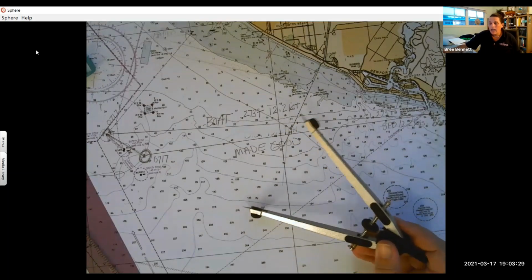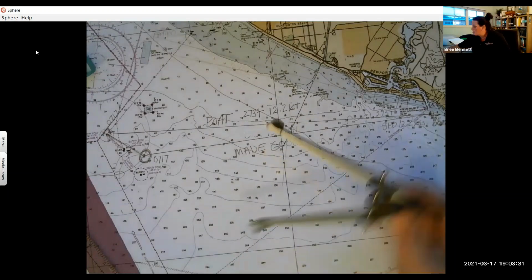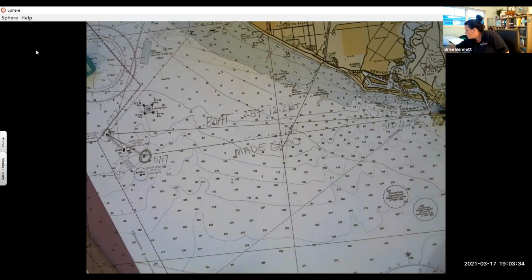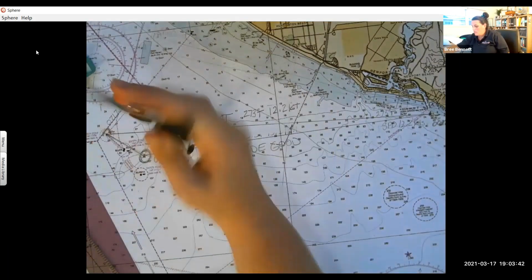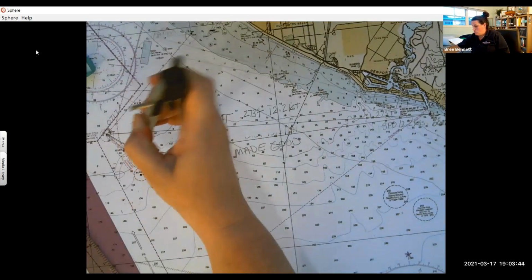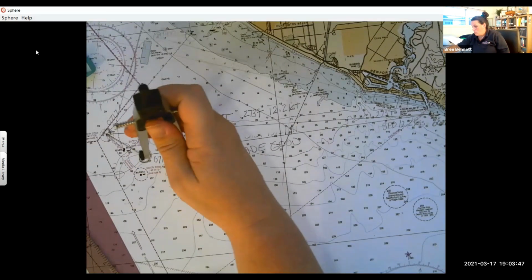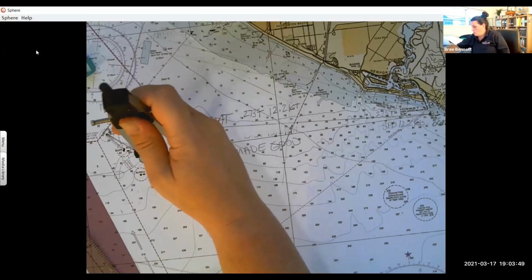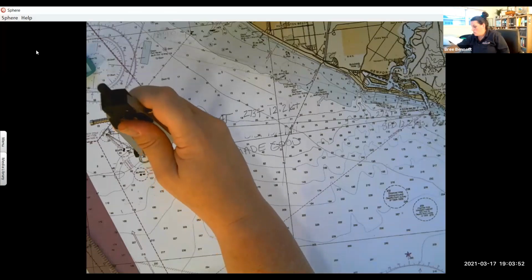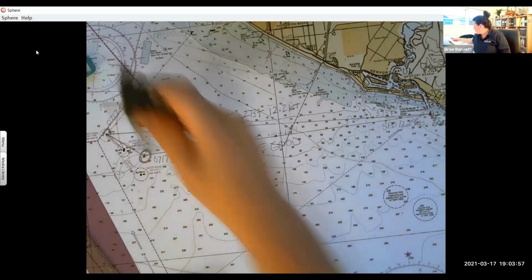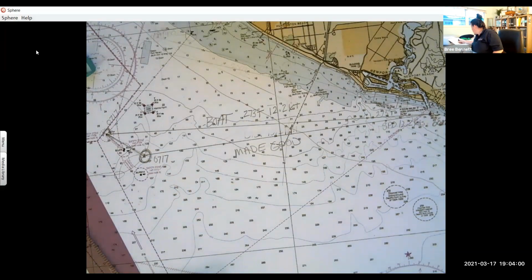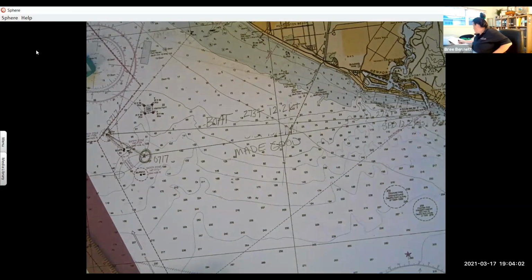So I have 5 on my dividers. Five, 10, 11.8 is the distance that I got.